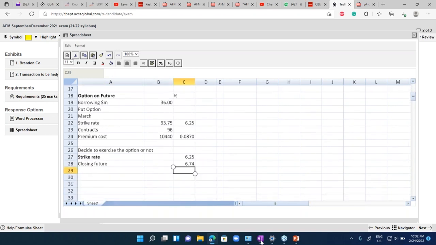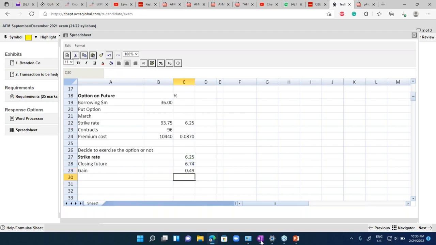Guys, is it a gain or loss? You have done the contract that you will be paying interest at 6.25. Market moves to 6.74. Gain.